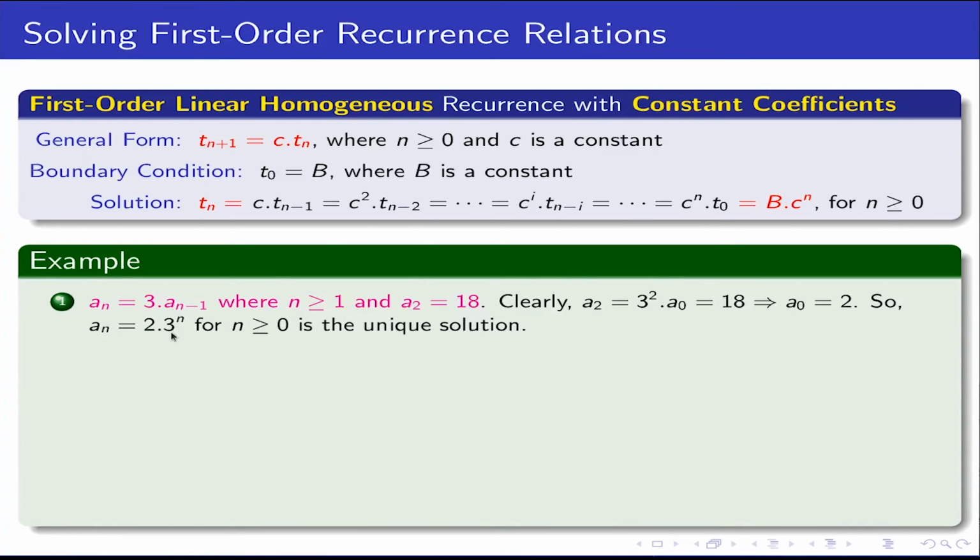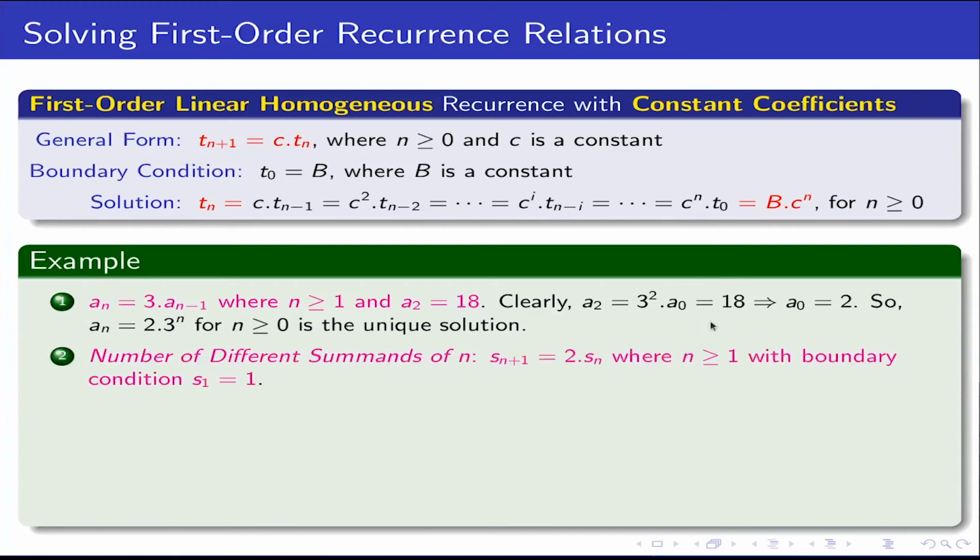This is my answer: a(n) equal to 2 into 3 to the power n, because a0 is 2, which is b, and c is 3, for n greater than or equal to 0. If you put n equal to 0, you will get 2, that is a0 equal to 2. You put n equal to 2, you will get 18. So this is your final closed form result from the recurrence using our formula.